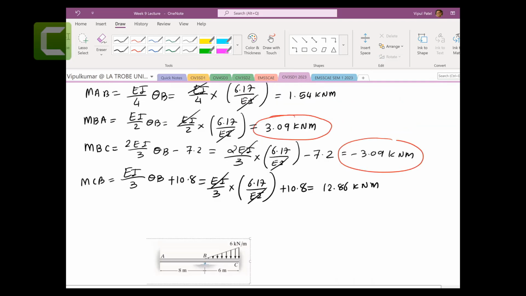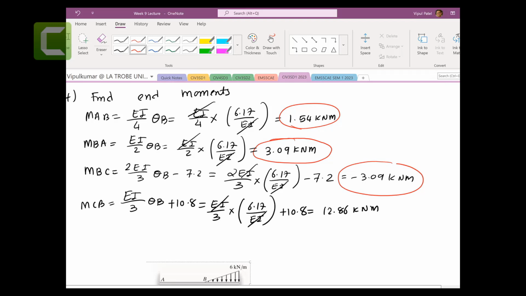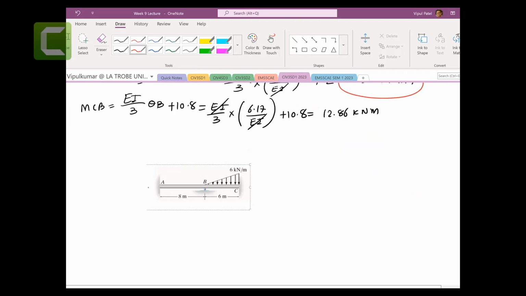So in that case, I can say 1.54 is MAB and positive, meaning that it is clockwise. So 1.54 kilonewton meters, MAB positive. So MAB, let me write MAB.